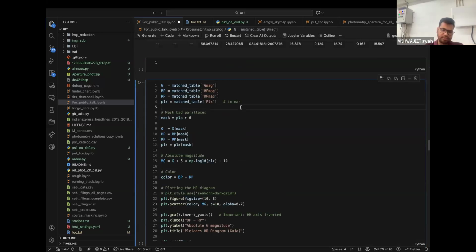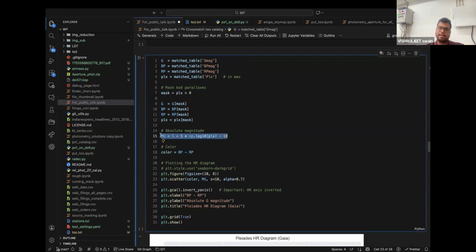This is just a generic example to show that from the table we utilize the G magnitude, BP magnitude and RP magnitude from Gaia, and then we calculate the absolute magnitude from the G magnitude, and we utilize the parallax here. So again, we have the apparent magnitude. If you want to get the absolute magnitude out of the apparent, you need the distance, and distance information is stored in the parallax.